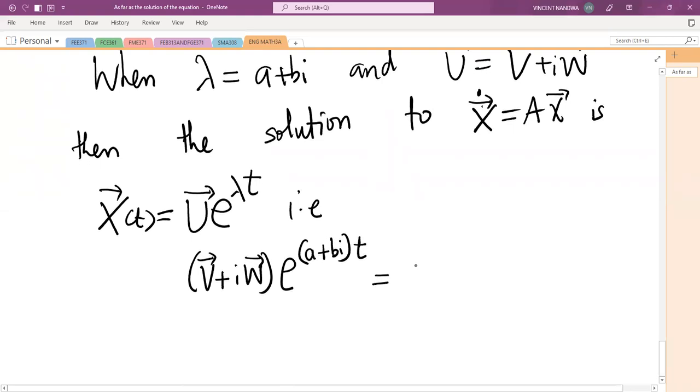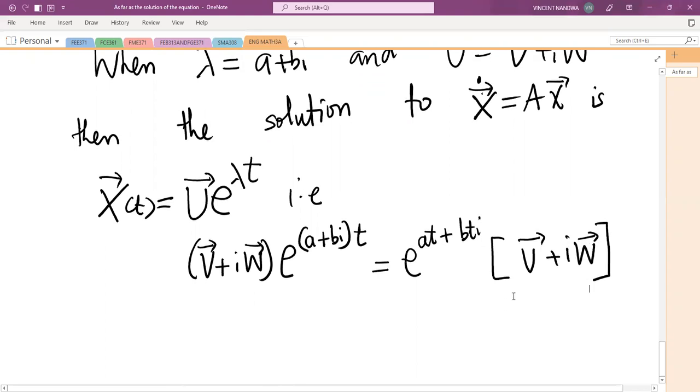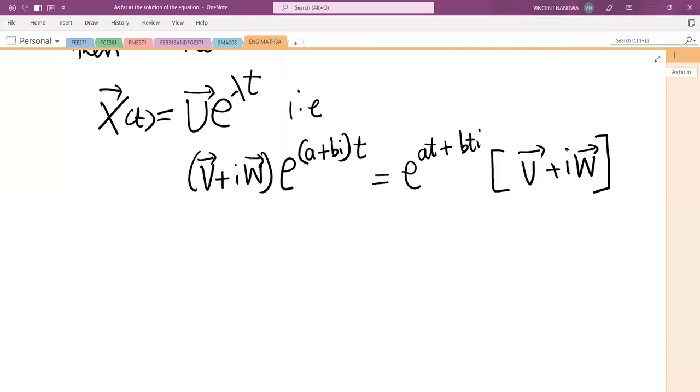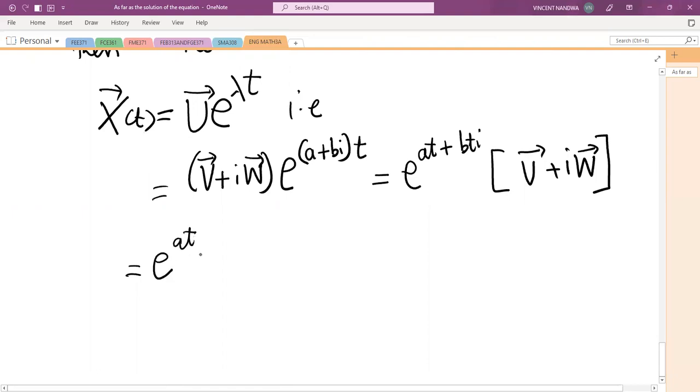So this can be written as e raised to power at plus bti times v plus iw. I've just rearranged the terms. And then by laws of indices, this can be written as e raised to power at, e raised to power bti, into v plus iw.